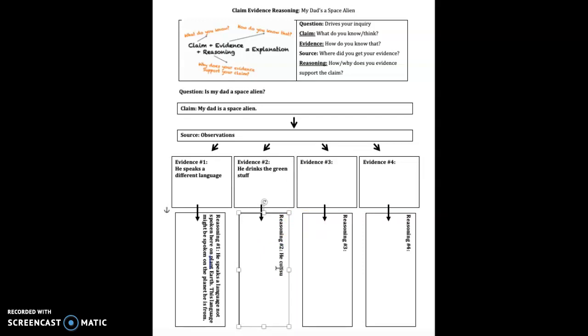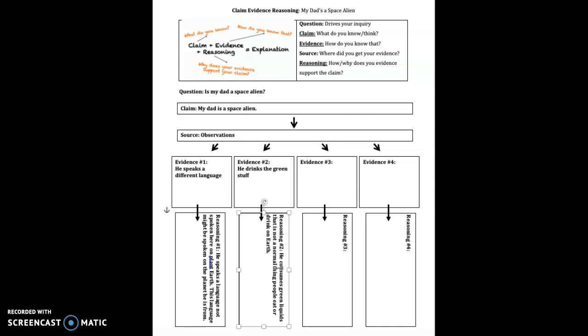So he consumes green liquids that are not a normal, he consumes green liquids, we'll say that is not a normal thing people eat or drink on Earth.